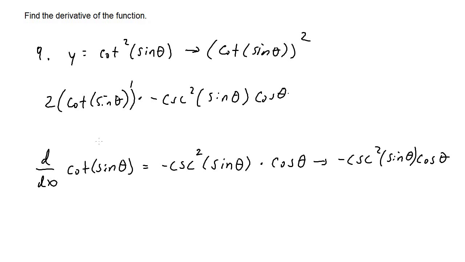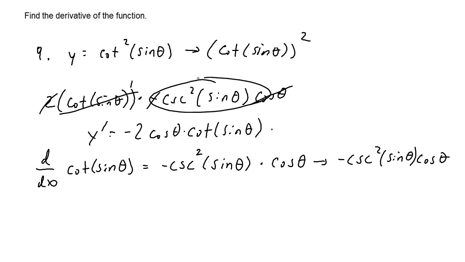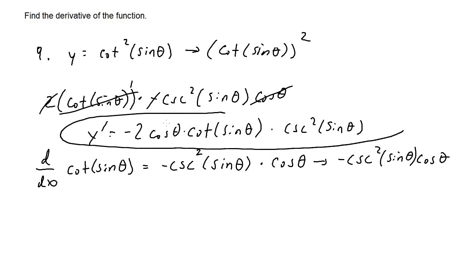So the final answer here, if I go ahead and write it down, y prime is going to equal, now I'll bring the negative out front, so we have negative 2, we do have a cosine theta there, so negative 2 cosine theta times cotangent of sine of theta, and then we have times cosecant squared of sine of theta. And that's the final answer.